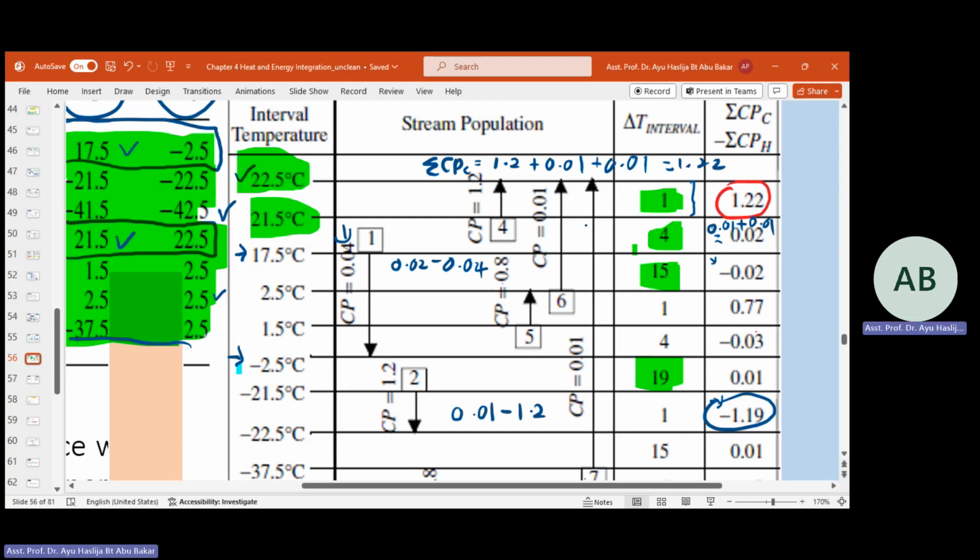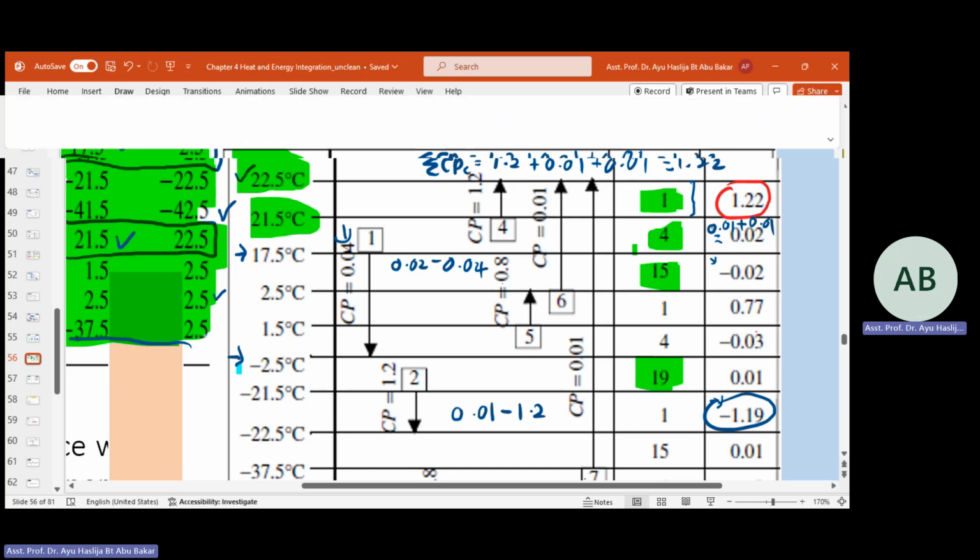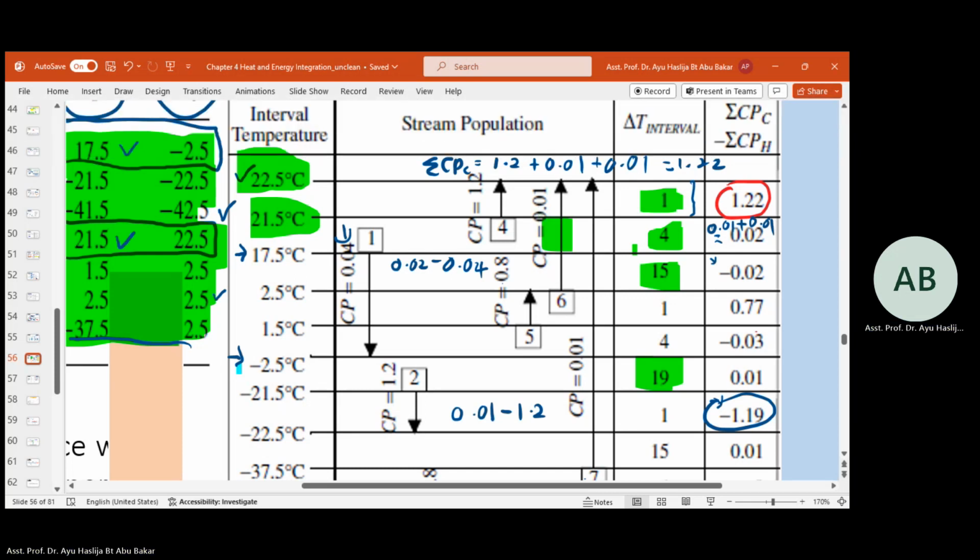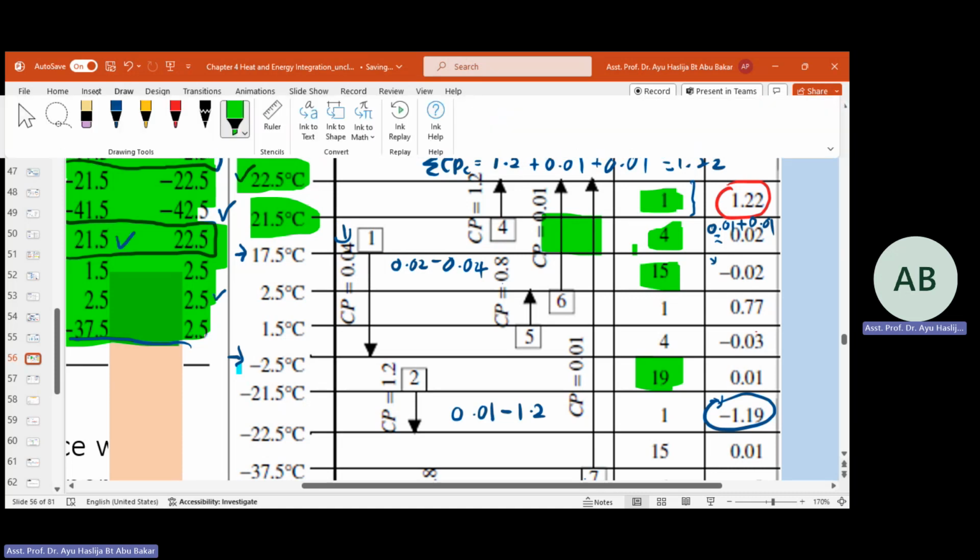So this one involves only stream 6 and stream 7. That's why 0.01 plus 0.01. Don't confuse with the number boxes. The boxes are for the numbers. Focus on the arrow, the start and end of the arrow.